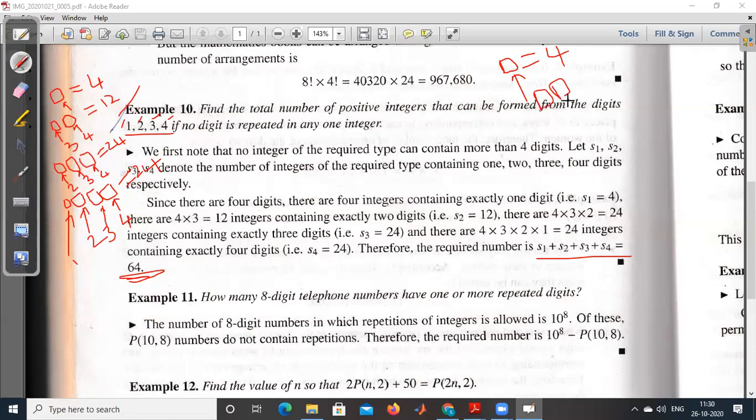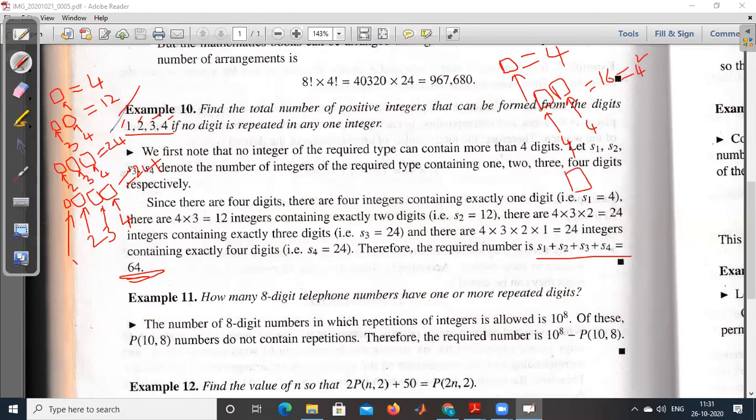If the repetitions are allowed, this can be filled with four possible digits, and this also with four possible digits, 4 into 4. So this is 16 ways you can fill, or you can also write it as 4 square. Okay, three-digit numbers.